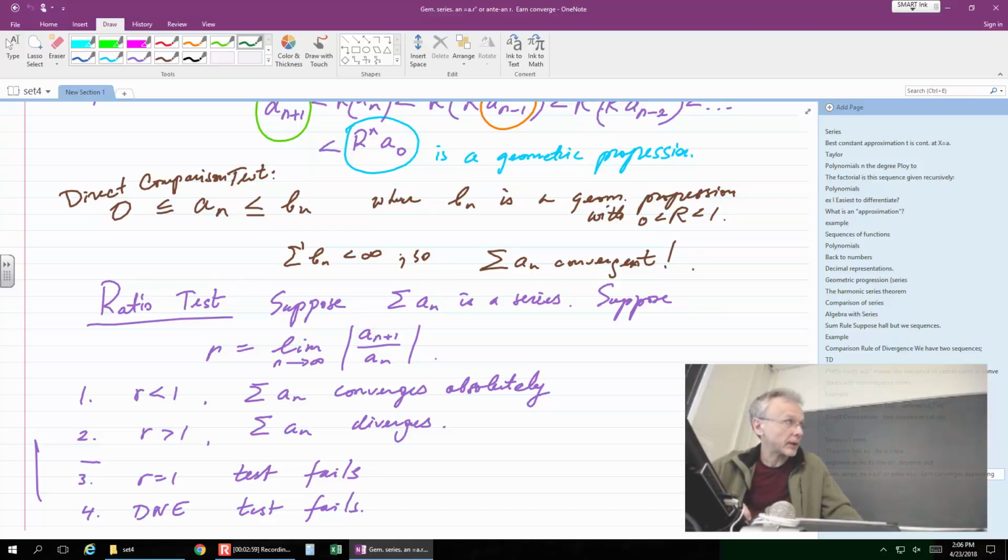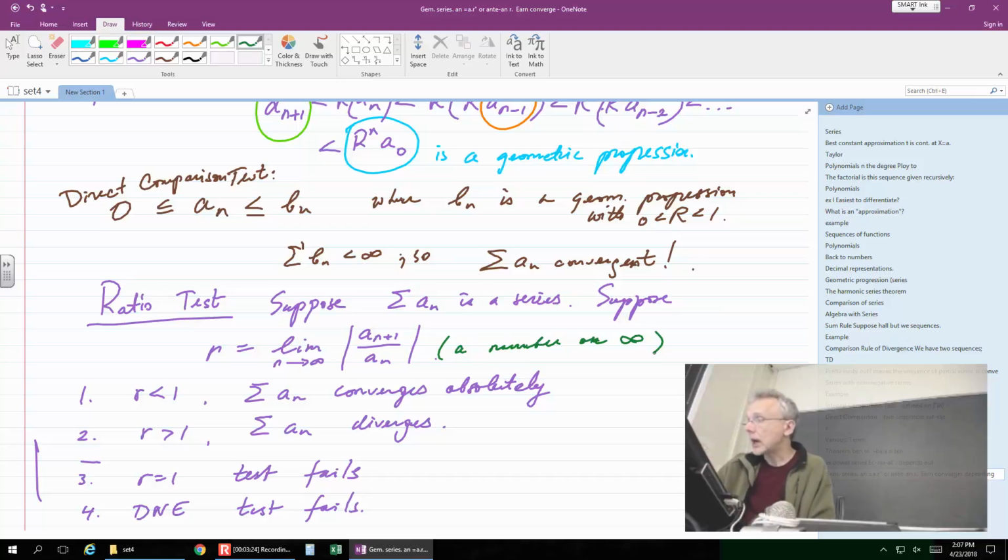But what I'm saying here is also that it's possibly infinity. So let me put it this way: a number or infinity, plus infinity. So infinity is also a possibility. 0 is possible, so it's from 0 to infinity, and infinity is a possibility.